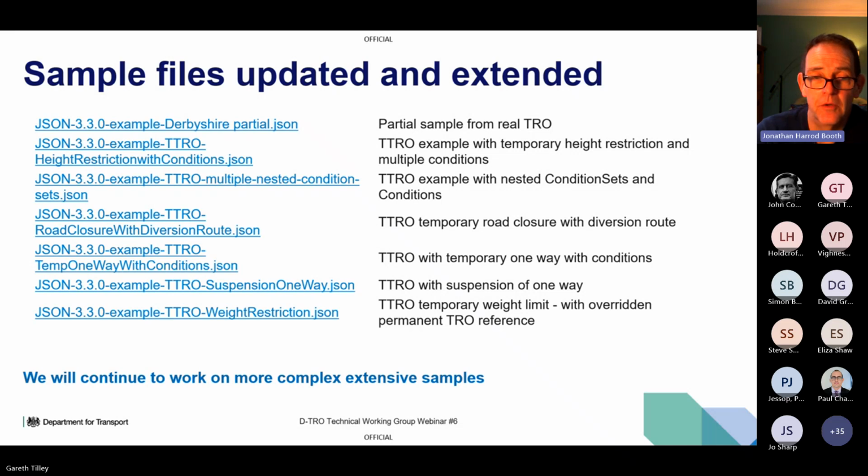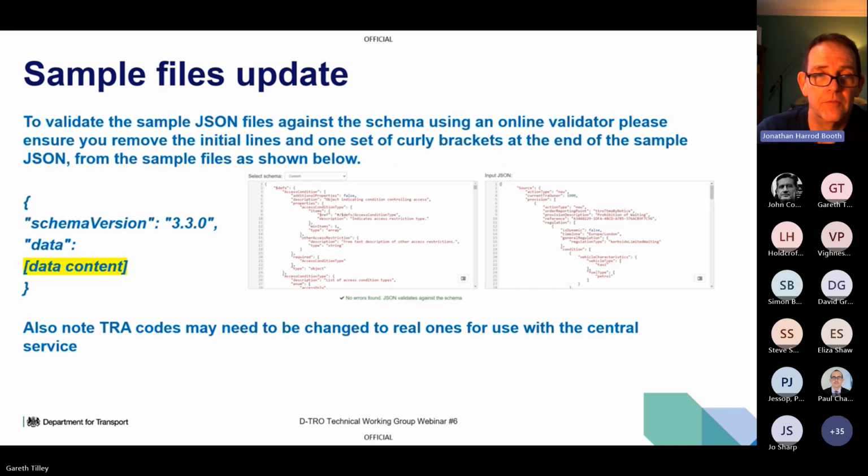Again, please request if there are particular things where you're not sure how you'd expect things to be coded. Maybe it's not obvious in the user guide, or you don't find an example that helps you with that, then please let us know and we will attempt to address that. And I think that's me on this section.